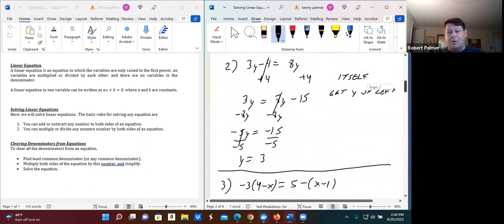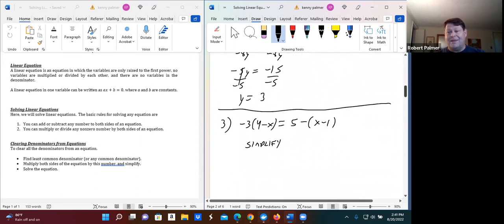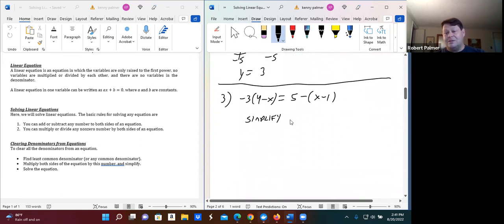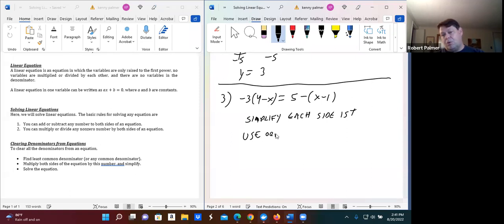It doesn't look like that yet. So the way to get there is to simplify each side first, and to do that, we're going to use order of operations.